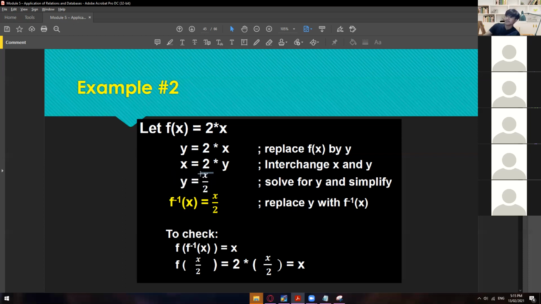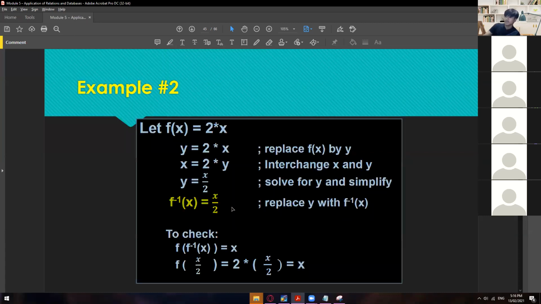But then again, we have to bring this back to its original format, wherein this f of x will become the inverse function, or inverse function of x. So that is why we have to replace that y with inverse function of x, which is equal to x divided by 2.